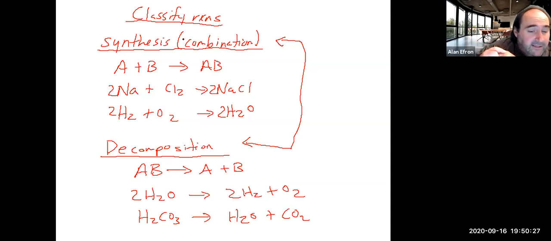For a decomposition, you would be looking for one thing on the left-hand side of the arrow and two or more things on the right-hand side. In a synthesis reaction, you would be looking for two things typically on the left-hand side and only one thing on the right-hand side. That's a way you could identify those.